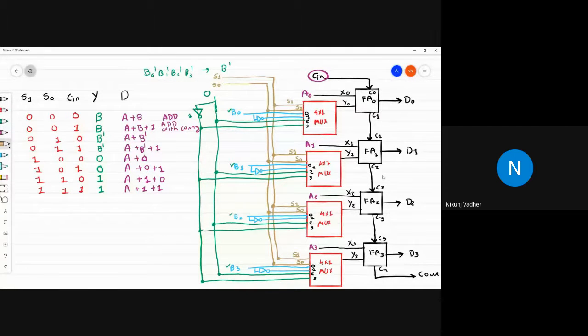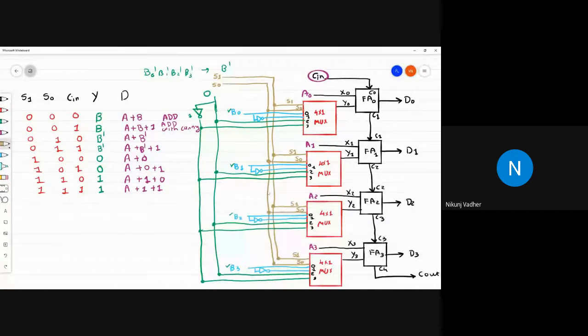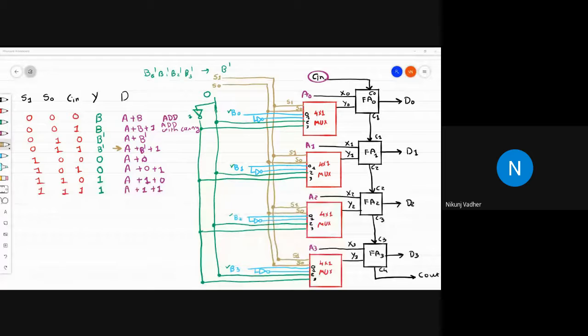Okay, in next statement, A plus B dash plus 1. Which operation will be performed here? Can anyone tell me? In this statement, which operation will be performed? A plus B dash plus 1.